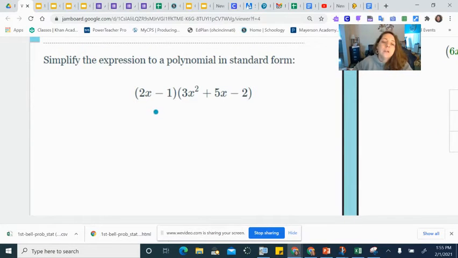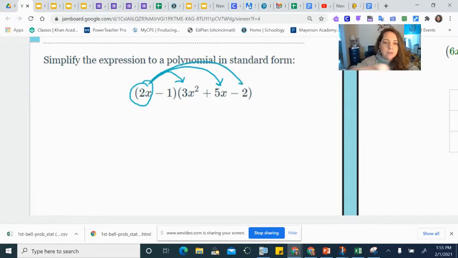So if you're not going to use a box, the idea here is first you're going to distribute this 2x times everything in here, all three of these terms. So 2x times 3x squared, 2 times 3 is 6. X times x squared, x cubed.